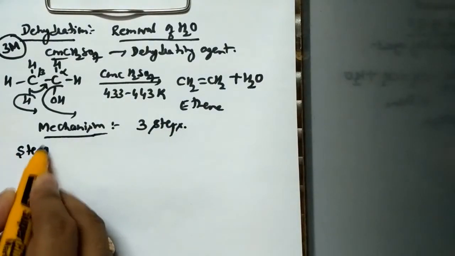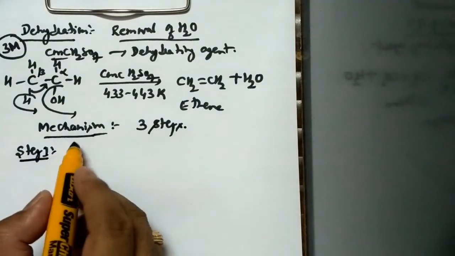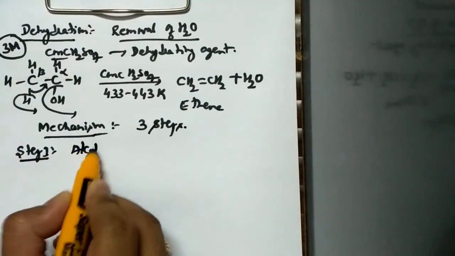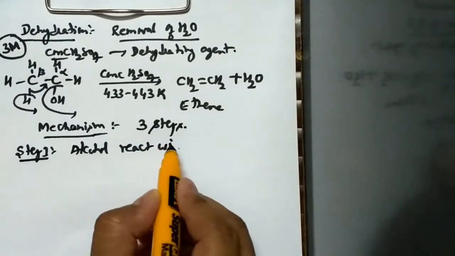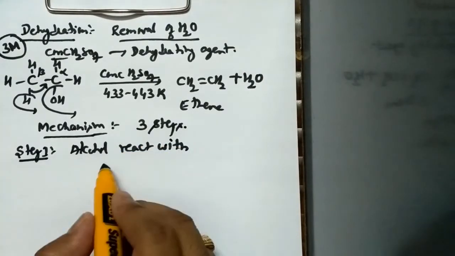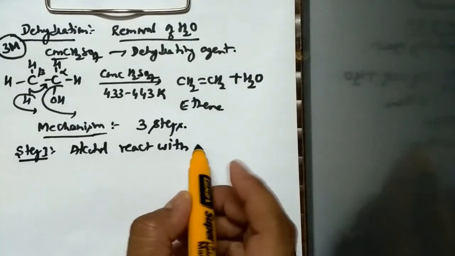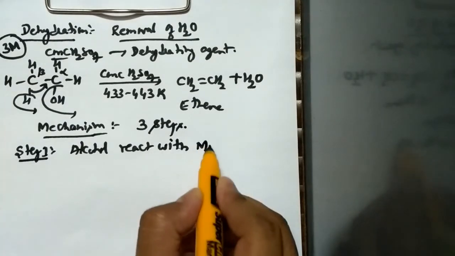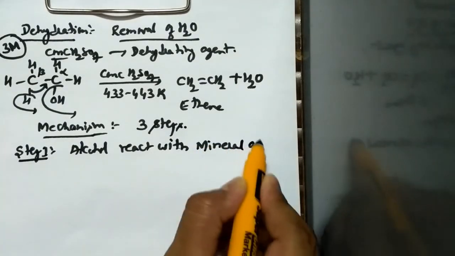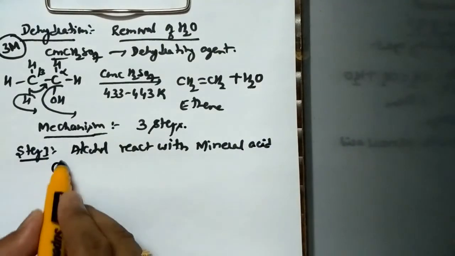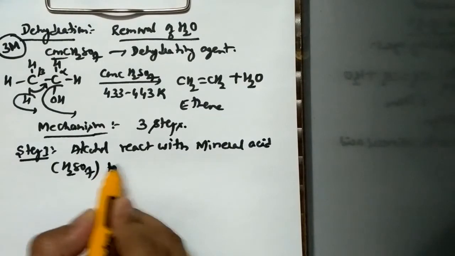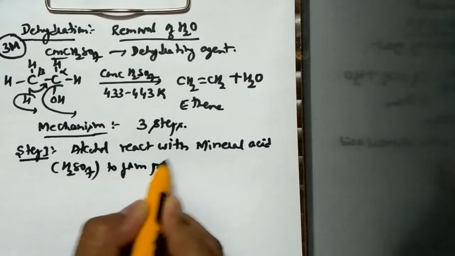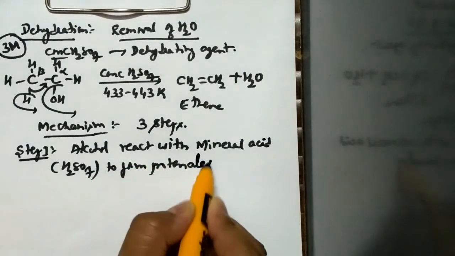Step 1: ethyl alcohol reacts with a proton, obtained from a mineral acid, and the mineral acid utilized here is sulfuric acid, to form protonated alcohol.